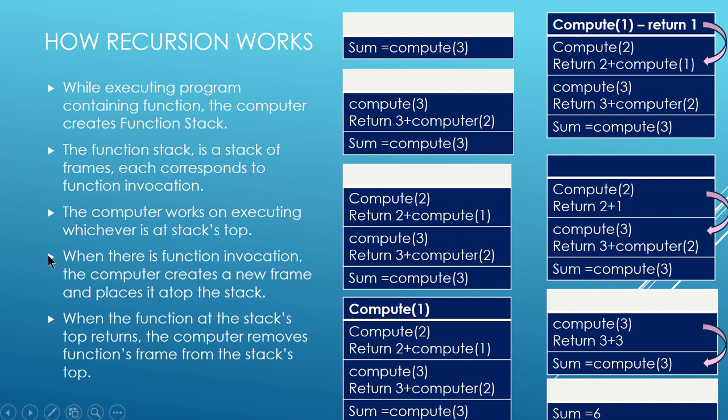The computer works on executing whichever is at the stack's top. That is the working methodology of a stack. When there is a function invocation, the computer creates a new frame and places it atop the stack. Whenever there is another function call, another frame will be created and placed on the top.